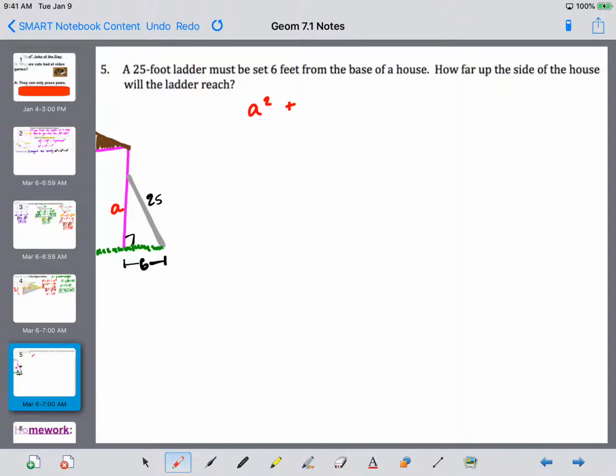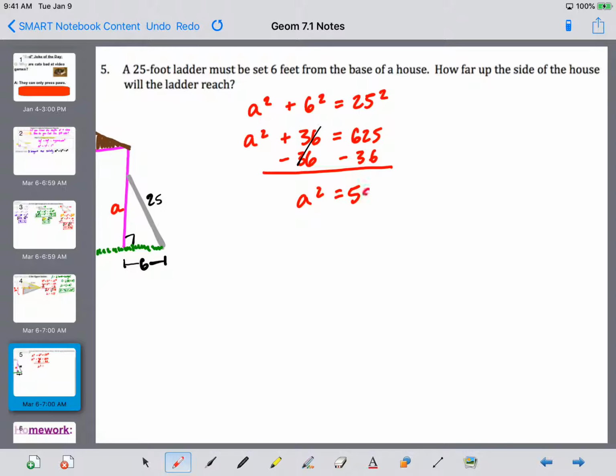So we have A squared plus 6 squared equals 25 squared, or A squared plus 36 equals 625. So let's go ahead and subtract 36 from both sides, and we end up with A squared is equal to 589. And then we can square root both sides, and you'll get a value of about 24.3 feet.